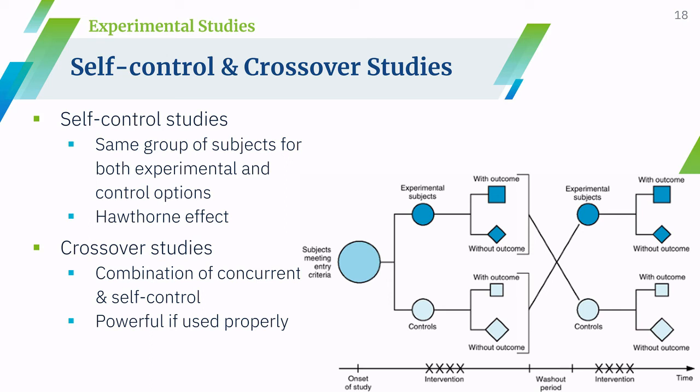During the washout period, the patients generally receive no treatment. The groups are then given the alternative treatment, that is, the first group now receives the placebo, and the second group receives the experimental treatment. This design, called a crossover study, is powerful when used appropriately.